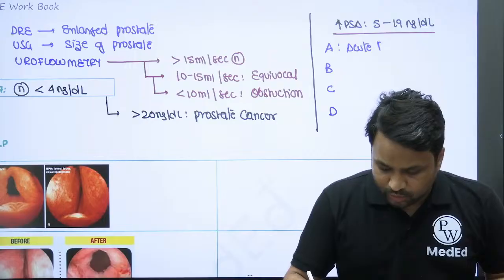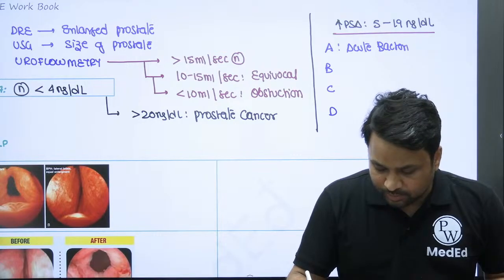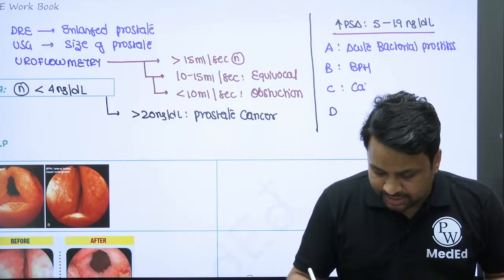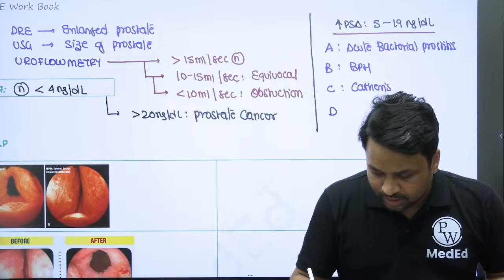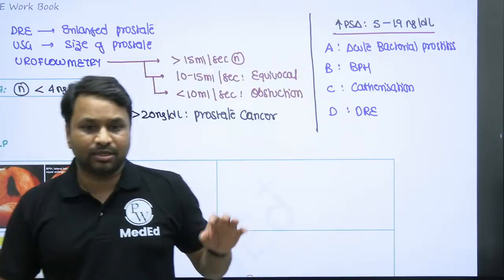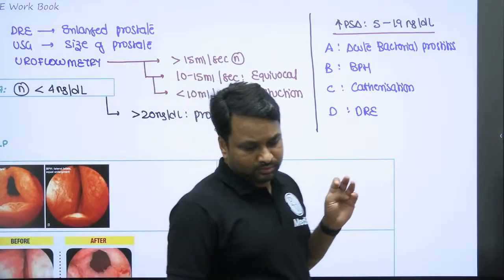B is secondary to BPH. C is going to be recent catheterization. And if the patient has undergone a recent digital rectal examination, in all these there will be elevated PSA.